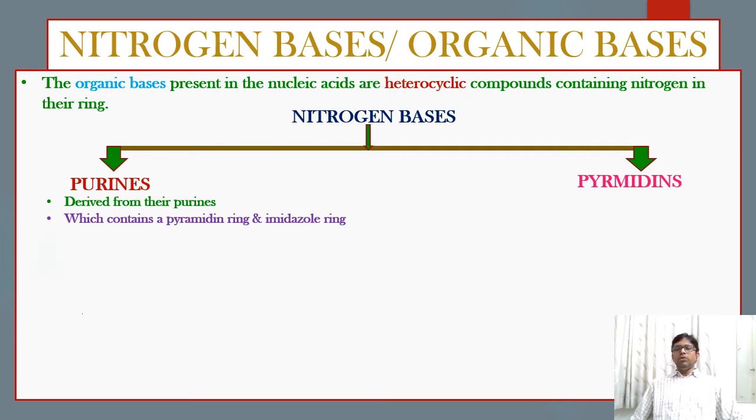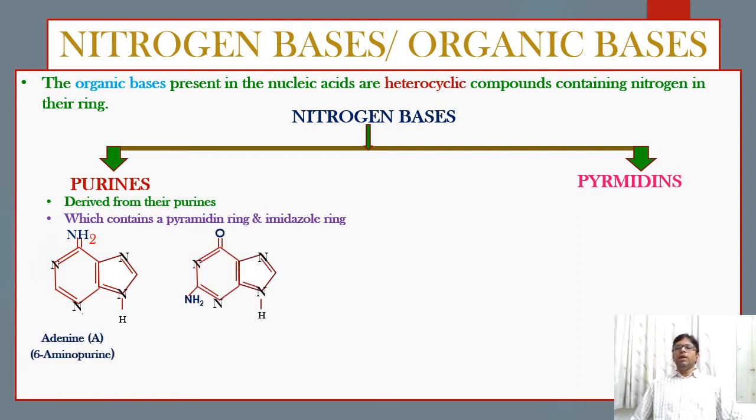There are 2 types of purines found in nucleic acids. One is adenine or 6-amino purine. The second one is guanine or 2-amino 6-oxypurine. Here, if you see the structure of adenine, adenine consists of 2 carbon-nitrogen rings. This is the 6-membered ring, which is a pyrimidine ring.